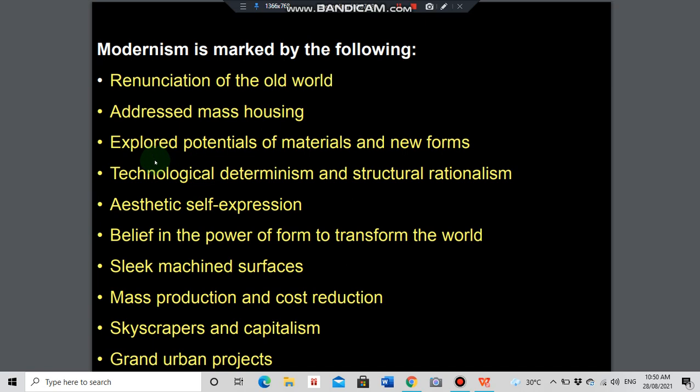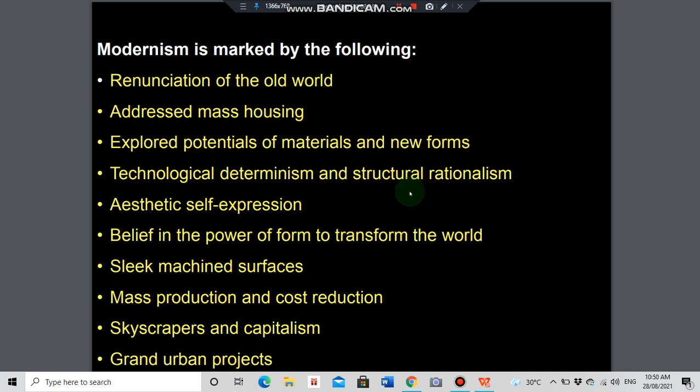Then, explored potentials of materials and new forms. Okay, so modernism has this technological advancement that materials that is high quality and bagong form. So that is modernism. Then technological determinism and structural rationalism.